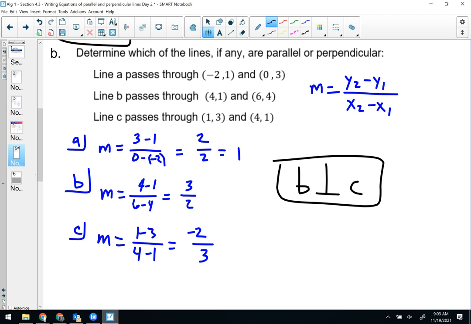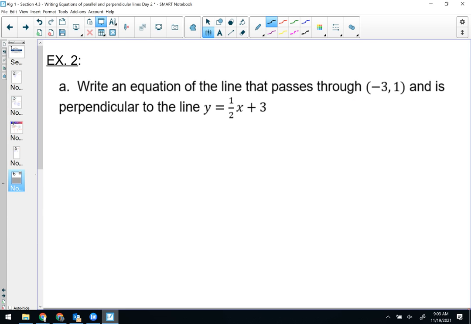Let's do that same thing where we create the equation. This is just like what we did in the warm-up. Except now I'm not saying parallel, I'm saying perpendicular. Okay, let's take a look. What is the slope of my old line? 1/2, right?